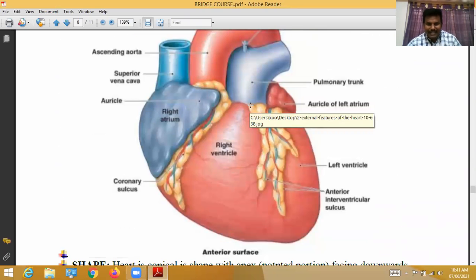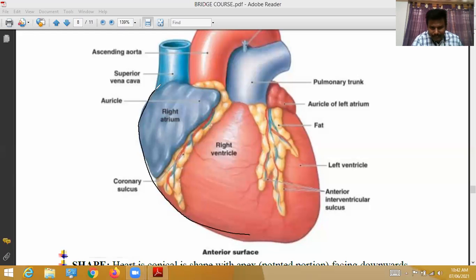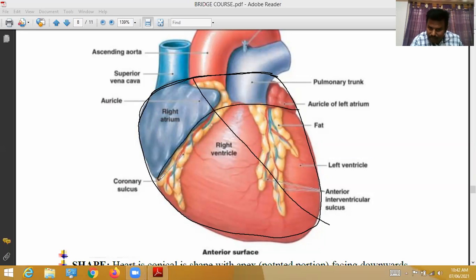Actually, here it will be like this way, outer and inner, with a broad base. Right auricle, left auricle, right ventricle, left ventricle. Here two membranes will be there.